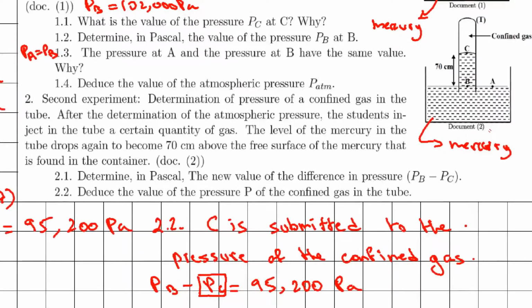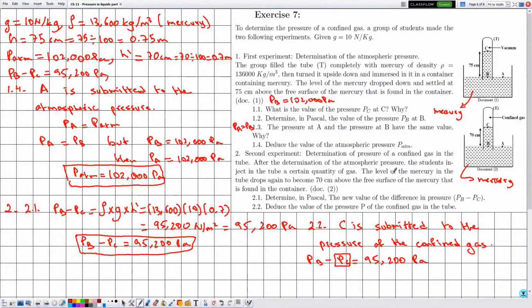Because in the second experiment B and A are still at the same horizontal level, PB will be equal to the pressure at the point A, which we determined in the first experiment is equal to the atmospheric pressure, given by 102,000 Pascal.